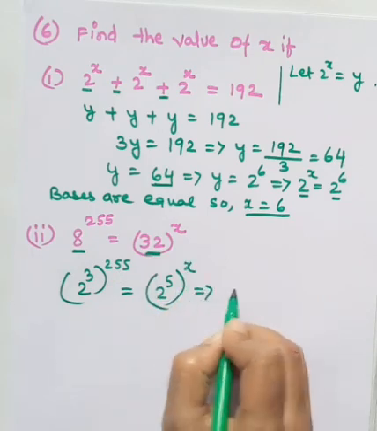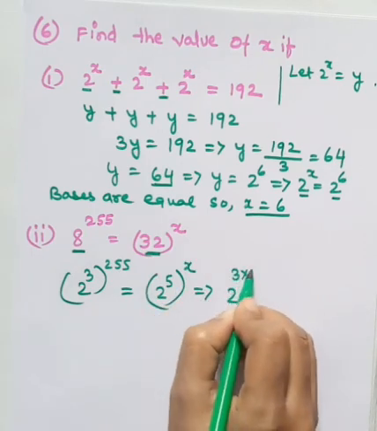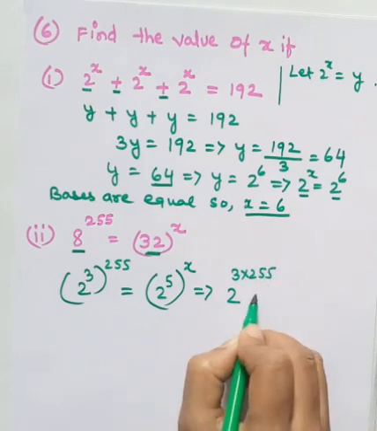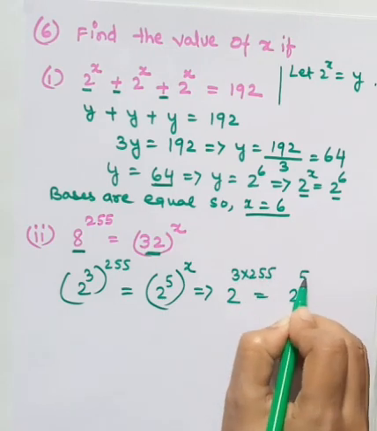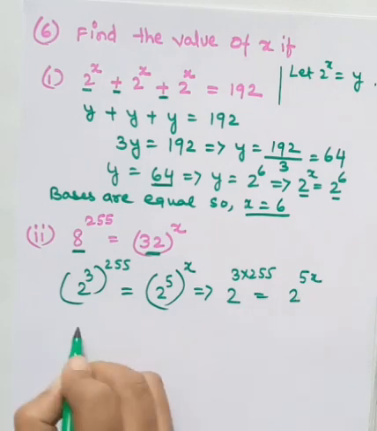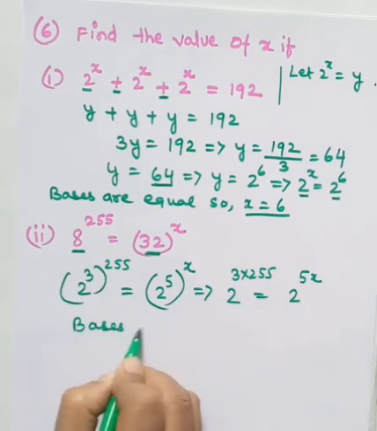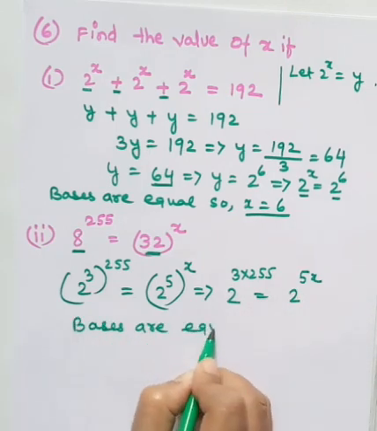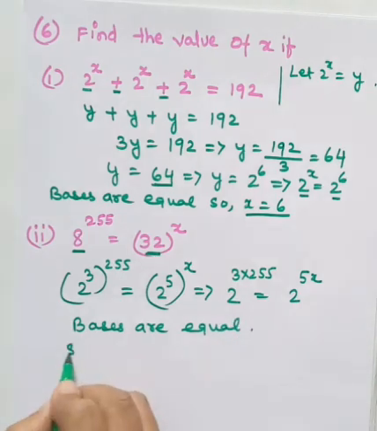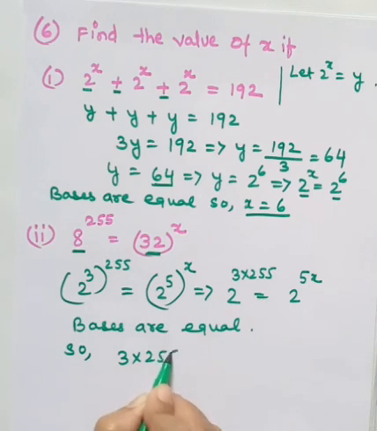Now what will happen? This will be 2 to the power 3 into 255 equal to 2 to the power 5x. So now bases are equal. What can we do? We can equate the powers. So 3 into 255 is equal to 5x.